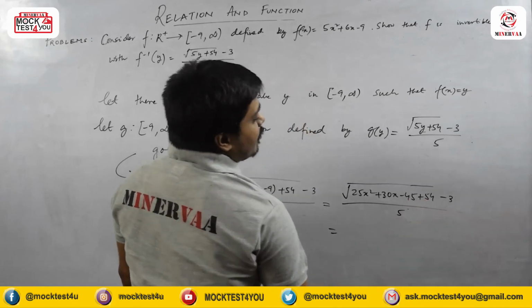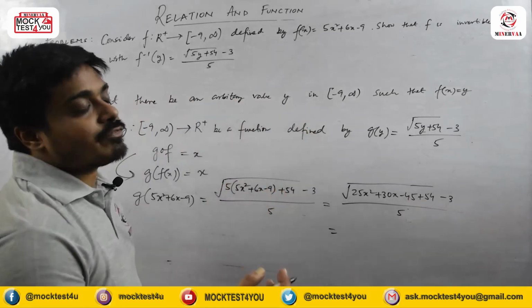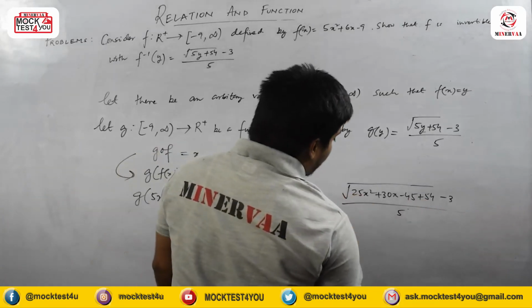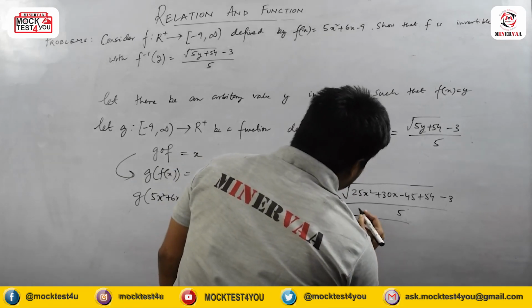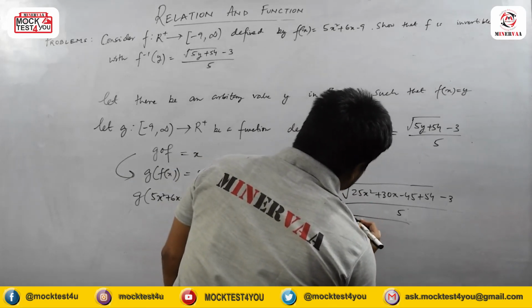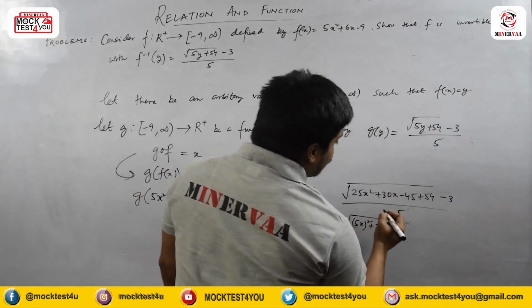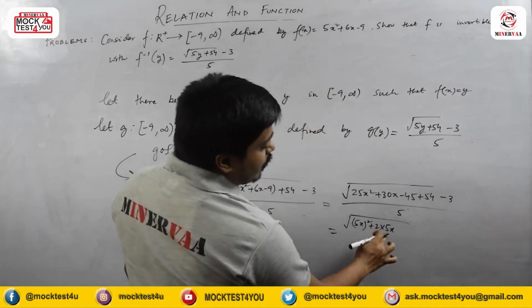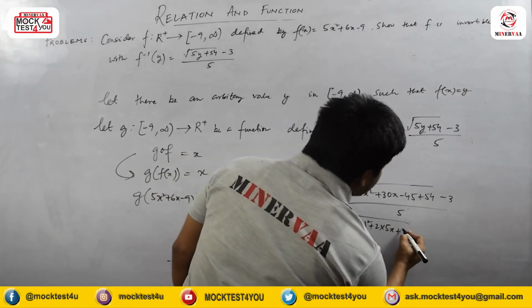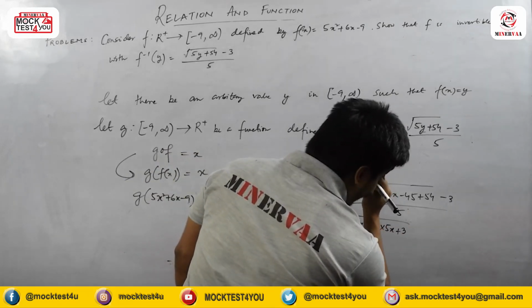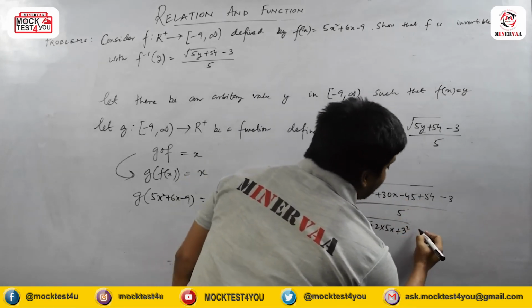Minus 45 plus 54 is plus 9. So what we get is 25x square. Now 25x square, I can write as (5x) whole square. This one I can write plus 2 into 5x, 2 into 5x, and plus 3 square, I'm getting 9 from here.